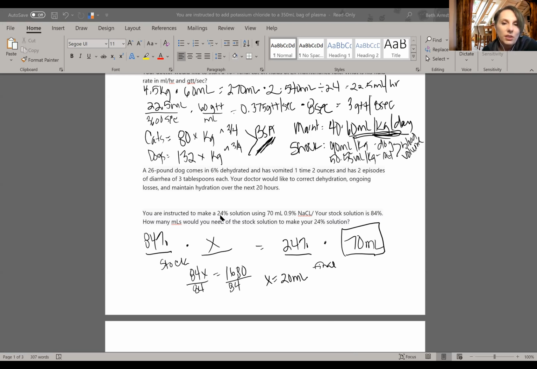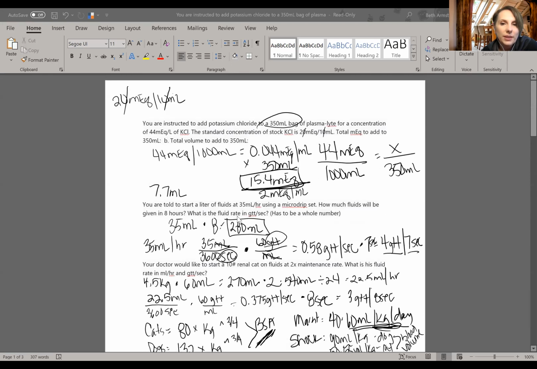Great. So the same thing goes for technically when you make anything. Like this one up here for your KCl, you take 7.7 mLs out of your 350 mL bag first, and then put in your 7.7 mLs of your KCl.